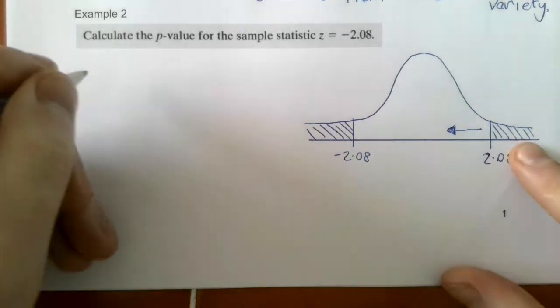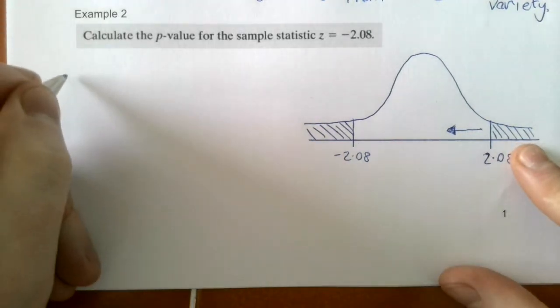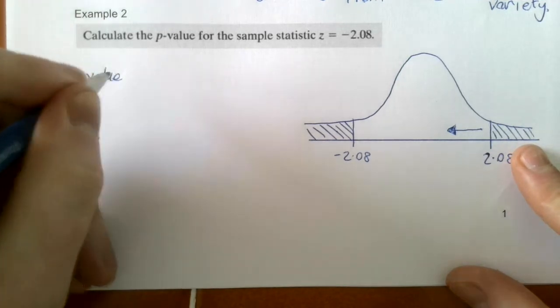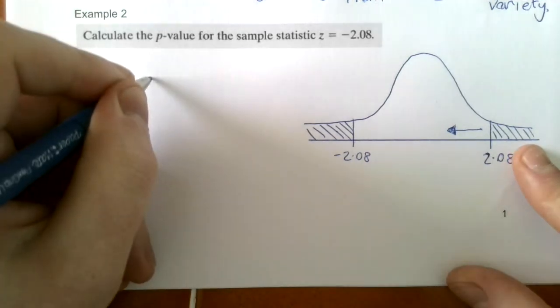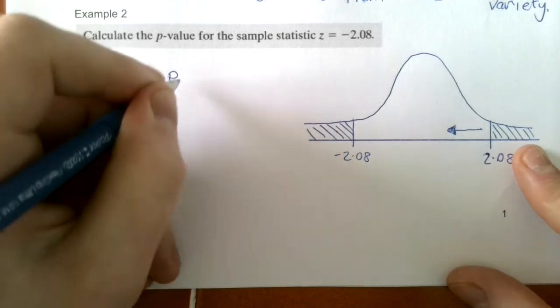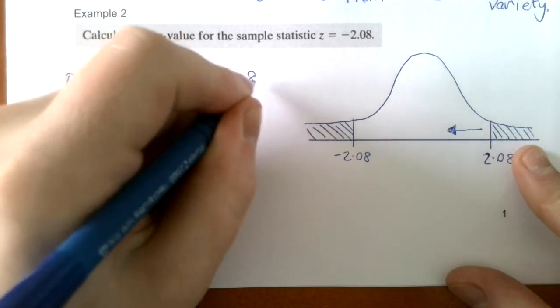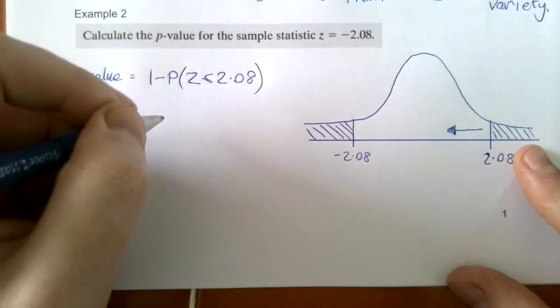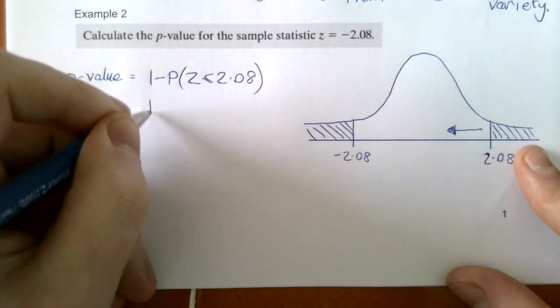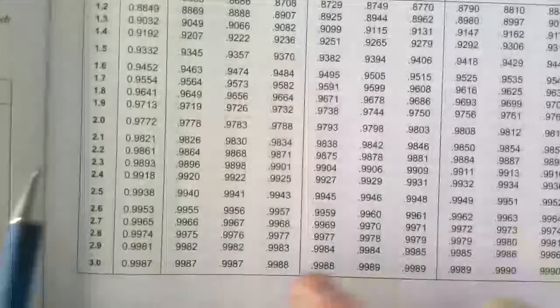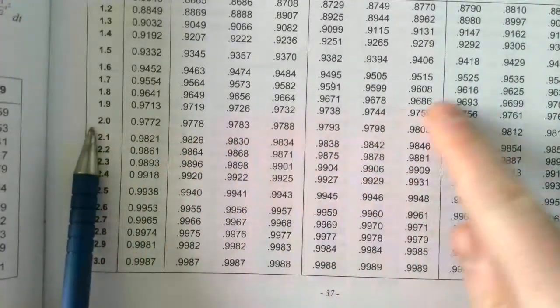So just taking it step by step, to get the p-value, it's going to be 1 minus the probability that z is less than or equal to 2.08. We're going to do that first of all. If we look at 2.08 here, we have 2.0, go over to 8.